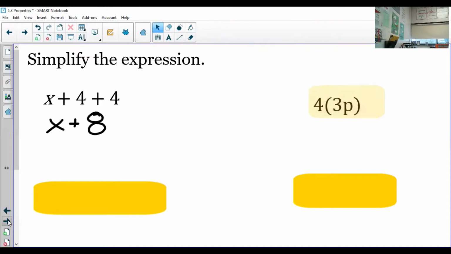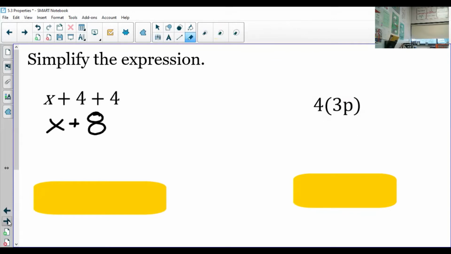We're basically trying to get these as small as we can. Now, what about this one? We have 4 times 3p. I see some parentheses here, so I bet we're going to use the associative property. So let's move those parentheses. I'm trying to simplify it, which means I need to get the numbers as small as I can. These two right next to each other say to multiply.